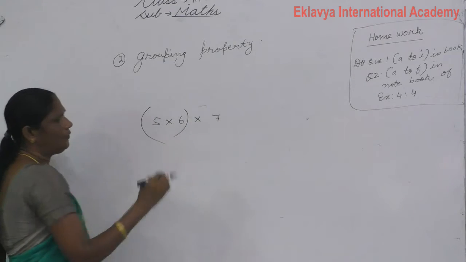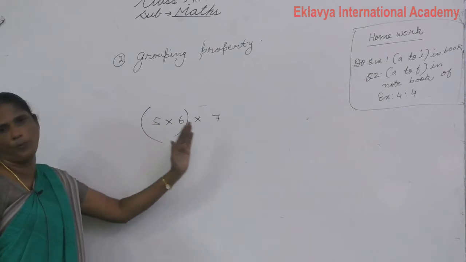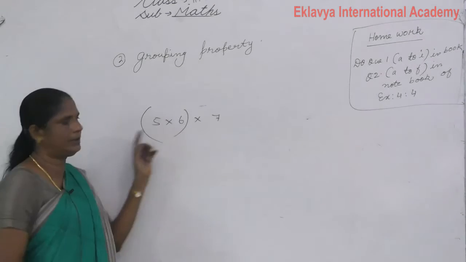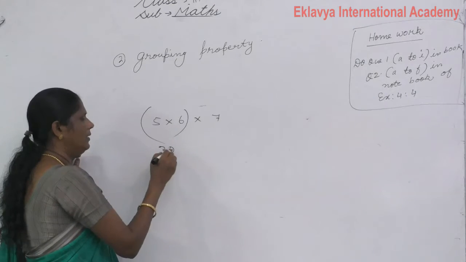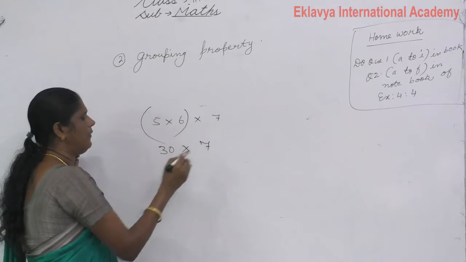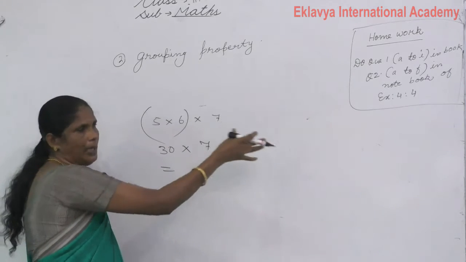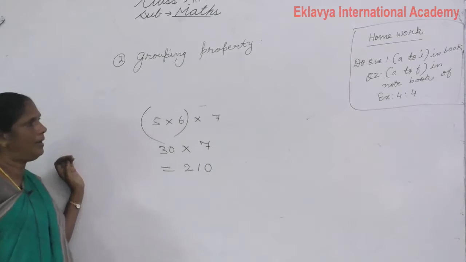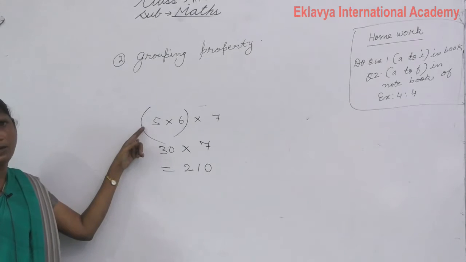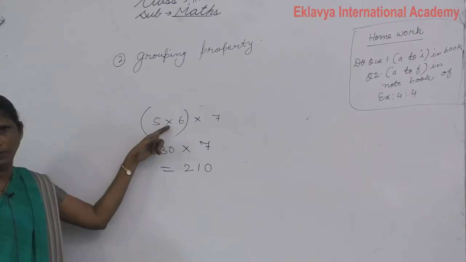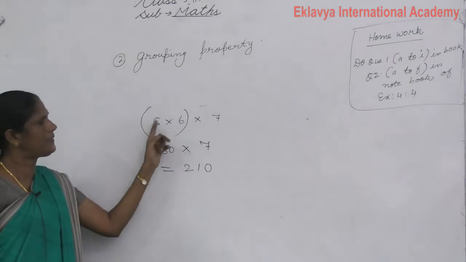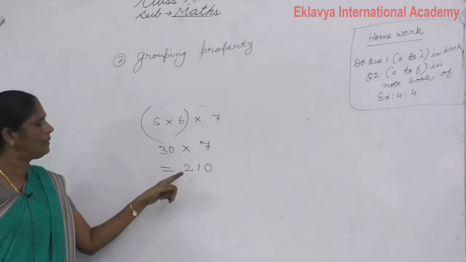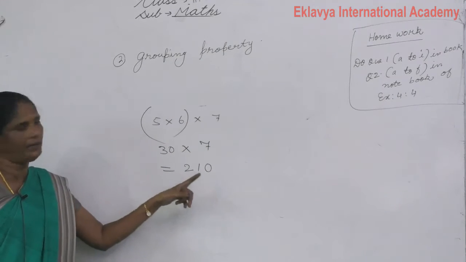Here I group 5 and 6 first. 5 times 6 is 30. 30 multiply 7 is 210. First I put 5 and 6 in one group, 5 times 6 is 30, then multiply by 7. Our answer is 210.